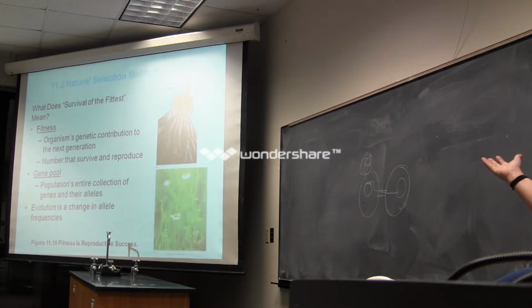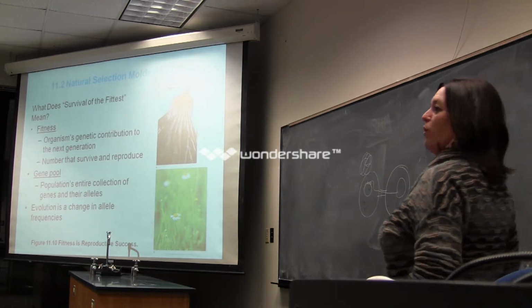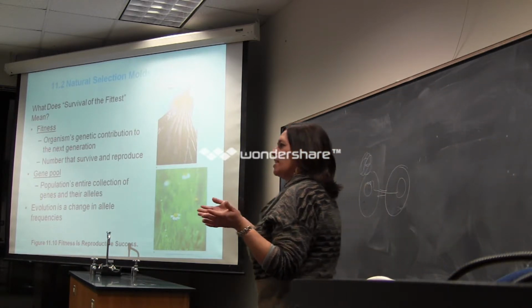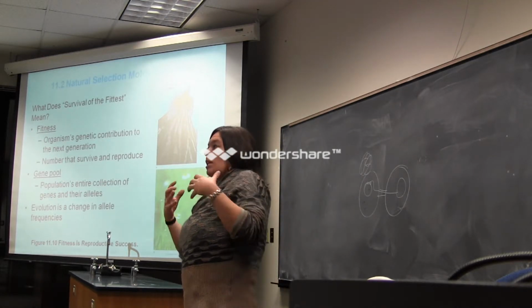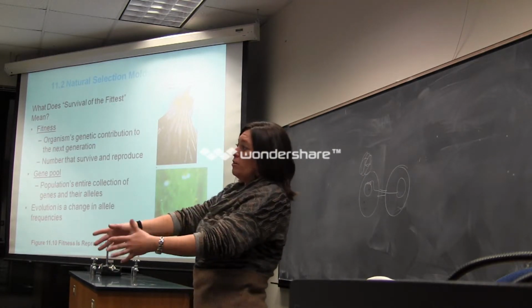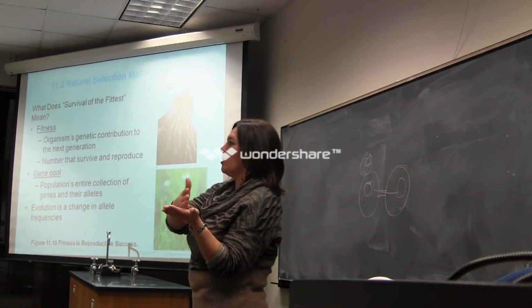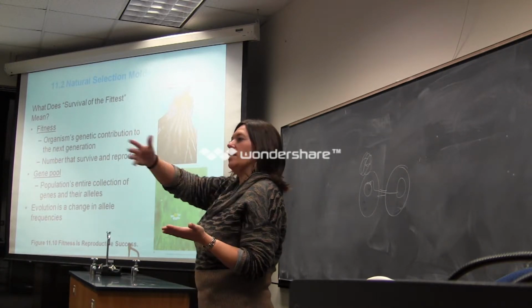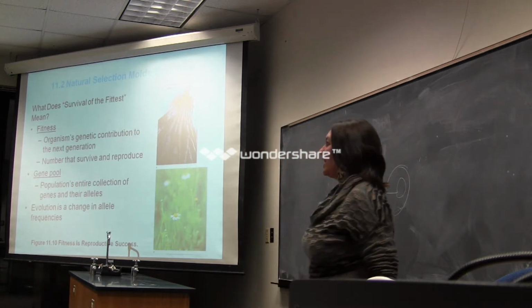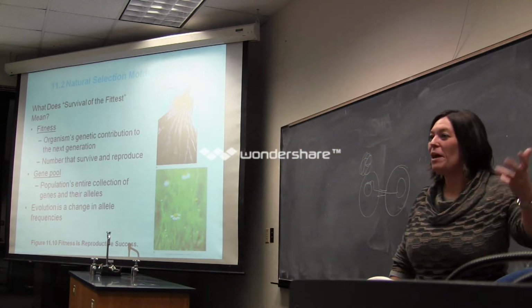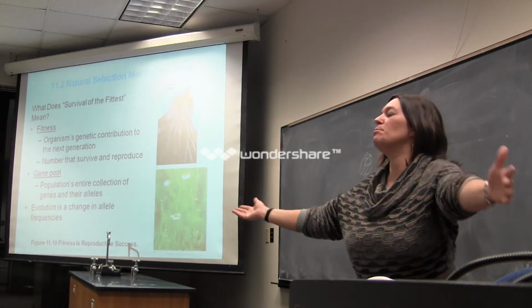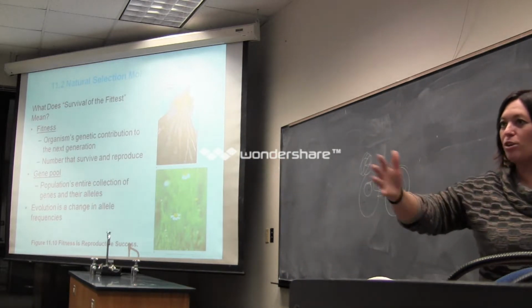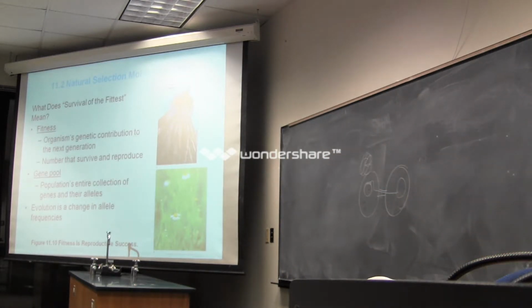Which is good in the case of disease, because if you have one of these terrible diseases and it kills you by the time you're 15, not to say that that's a good thing, but at least you're not passing it on to anybody else. You're stopping it right there. You're not contributing that bad allele anymore. That's, again, natural selection. Even the bad diseases, if they kill us too soon, then we can't pass them along. So they don't spread. They don't increase in concentration.